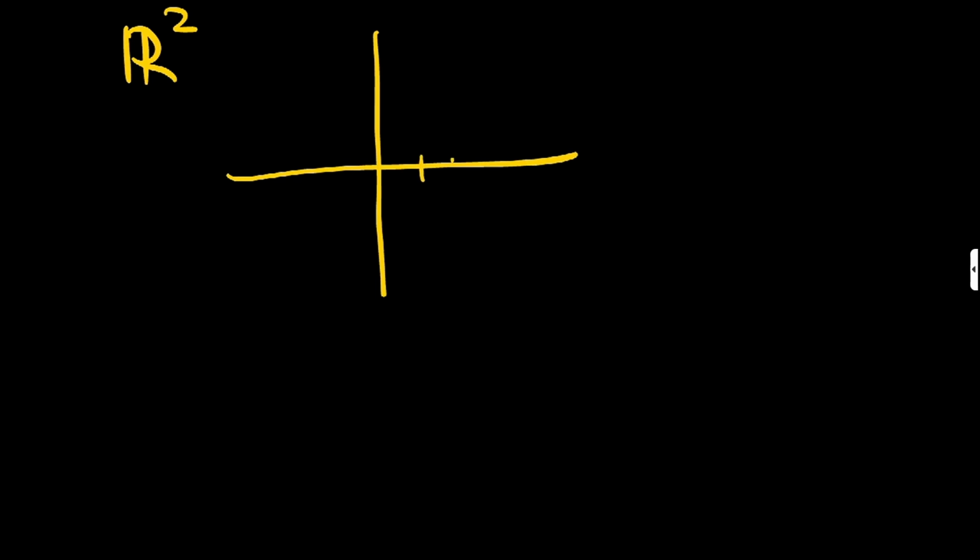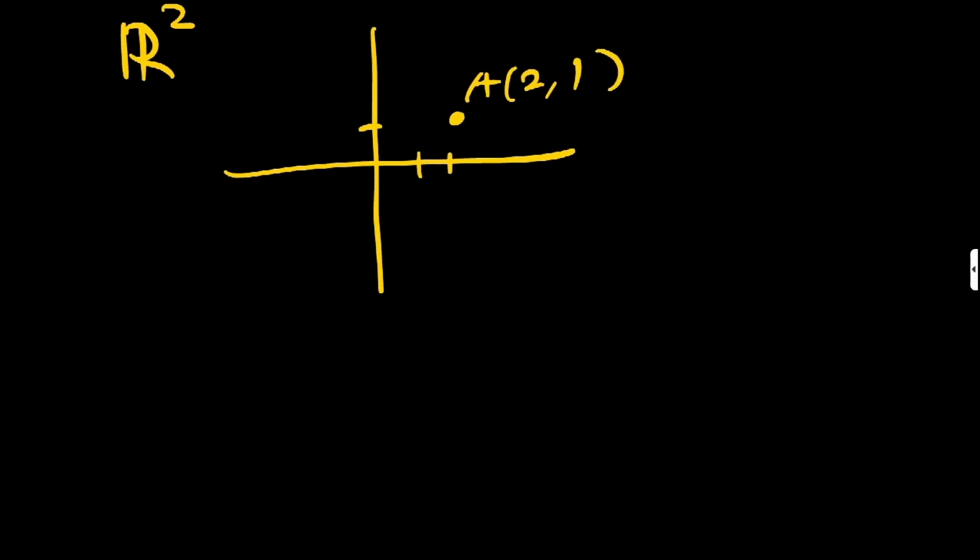Because in the two-dimensional plane, which we denote by the real numbers squared, we have a coordinate system where, let's say, this is point A, it's 2, 1. Well, this is all great, and this is quite simple, and we can do a lot of things here.